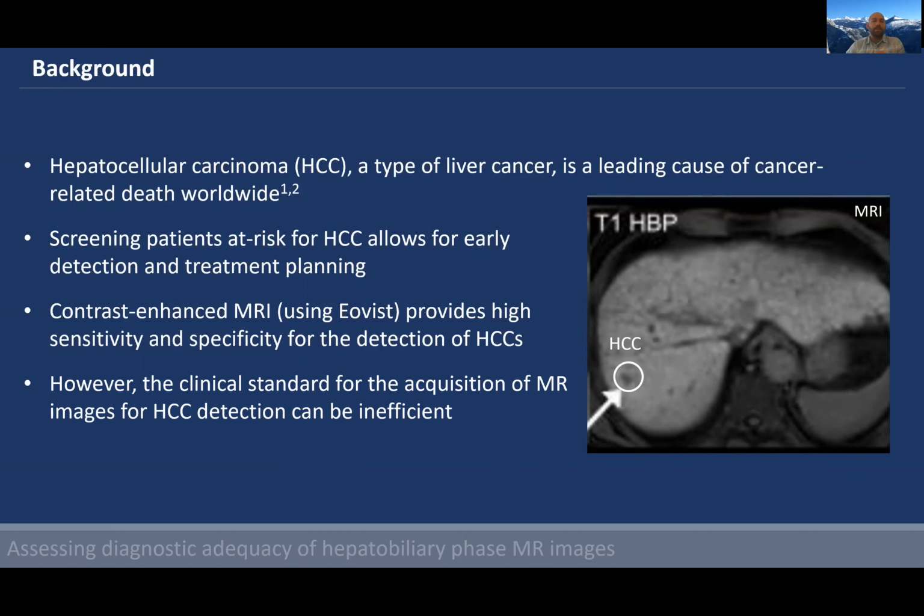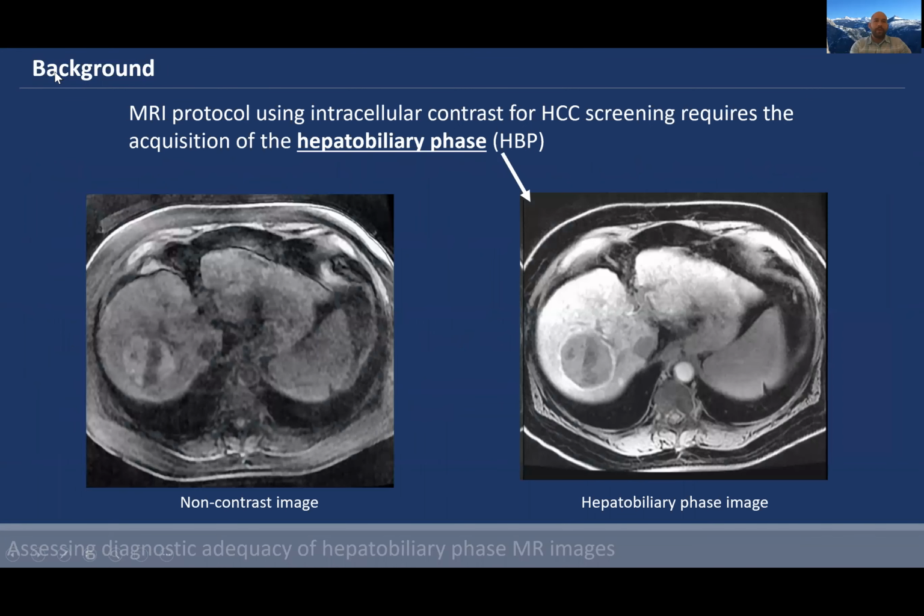Now, a major problem is the clinical standard for acquiring these images. They can be quite inefficient, temporally inefficient in terms of the time at which you acquire the image after contrast injection. So an MRI protocol using this type of EOVIST contrast for cancer detection requires the acquisition of a specific phase called the hepatobiliary phase.